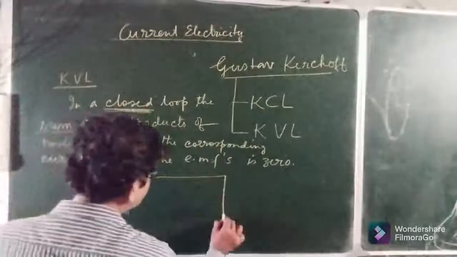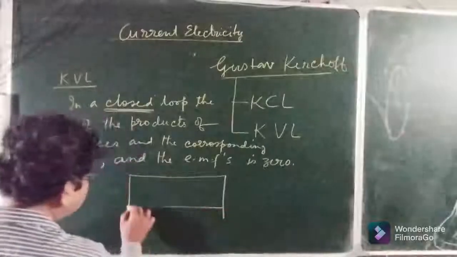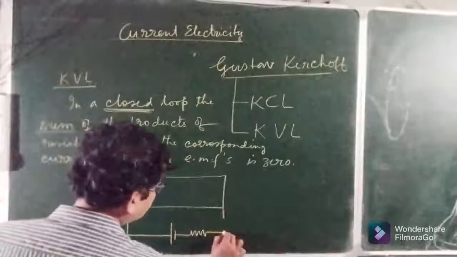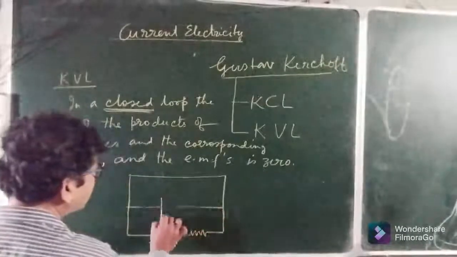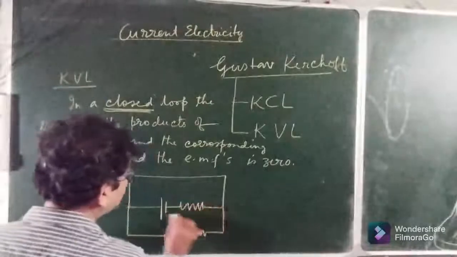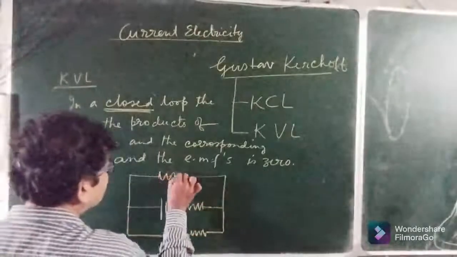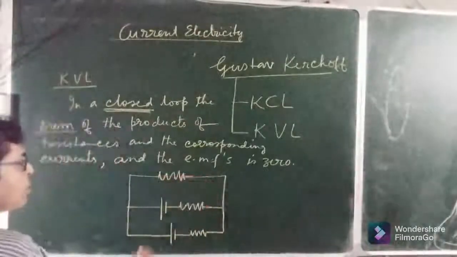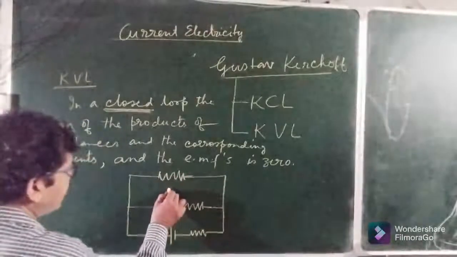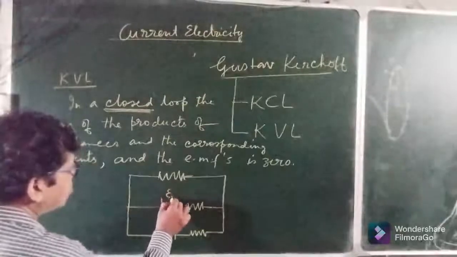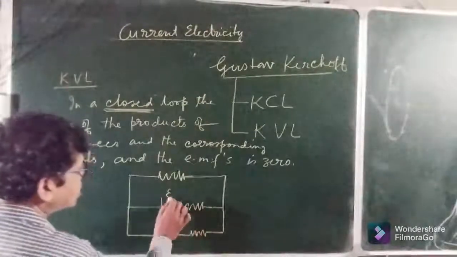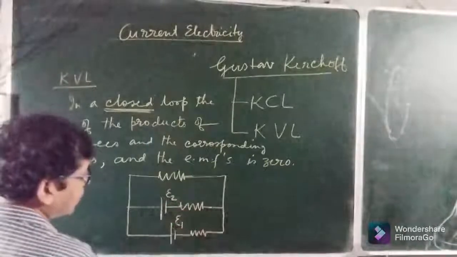Suppose, let's take an example like this. Suppose there is an EMF of E1. This is an EMF of E2. Suppose this is E2, this is E1.